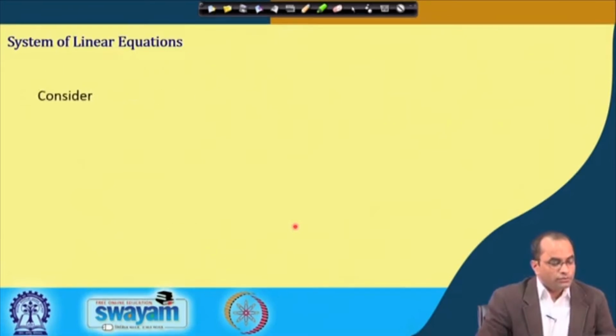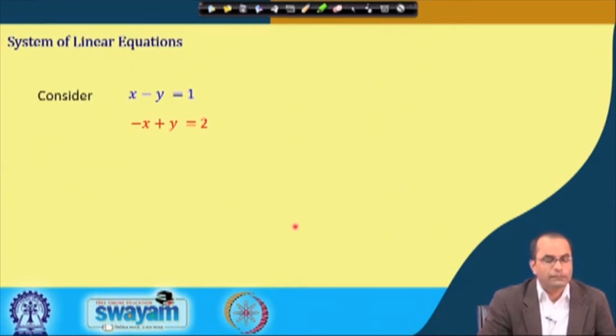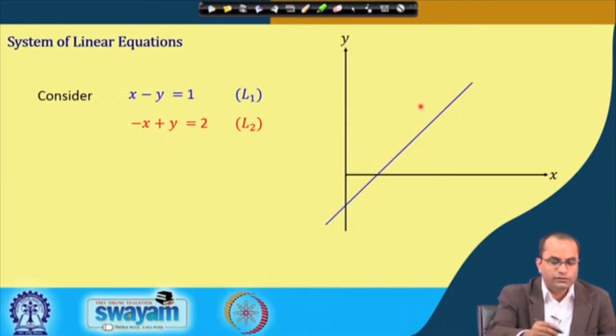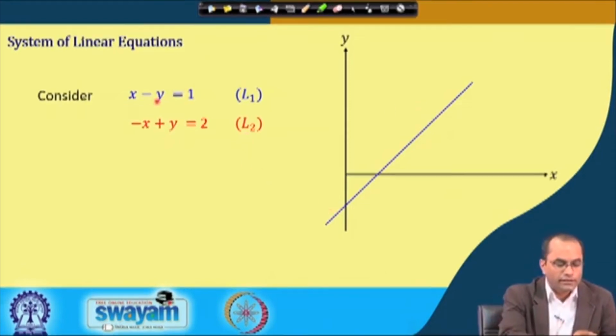So, now coming to another example. So, we have now x minus y is equal to 1, and the second equation we are considering minus x plus y is equal to 2. So, this is equation number 1, and then we have equation number 2 here. So, if we plot now these two equations as earlier, we have this first equation here where x is 0 and then y is minus 1.